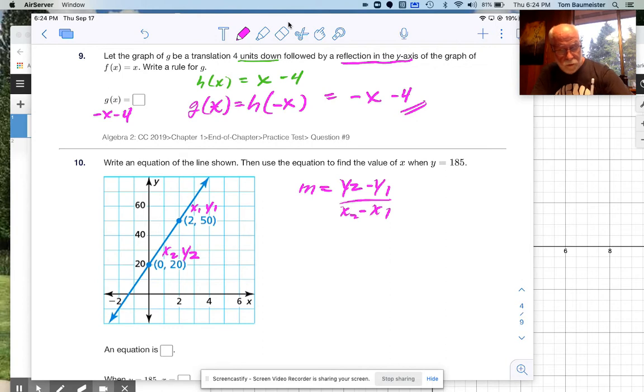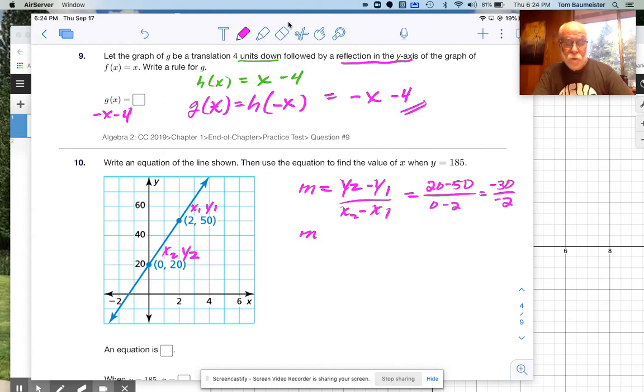So in this case, I have 20 minus 50 over 0 minus 2. So that'll give me negative 30 over negative 2. Negative divided by negative is a positive. So 30 divided by 2 is equal to 15. And like I just said, I got the same thing.